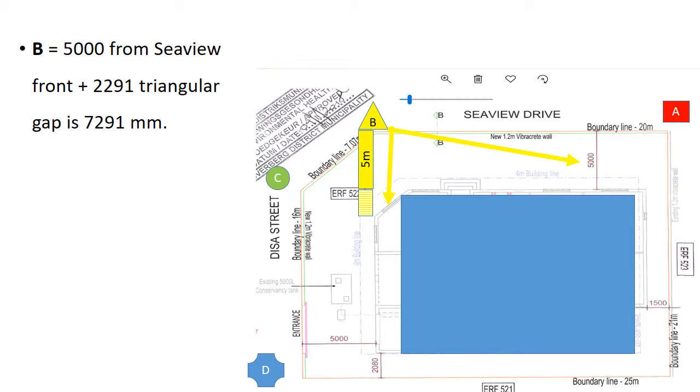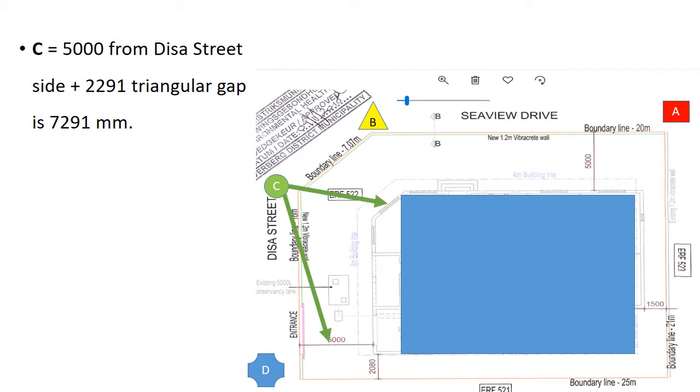So if I measure from the side of the house that 7291, I will get to B. If I get to C, C is then 5000 from Diza Street, you see there, as I take the gap into consideration. And if I have those in a straight line with one side of the house, then I will get point C at 7291 millimeter from that corner of the house.